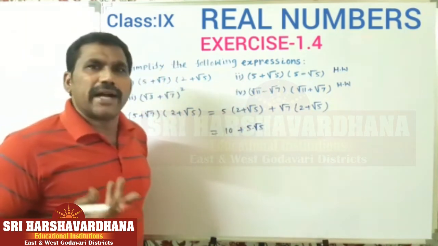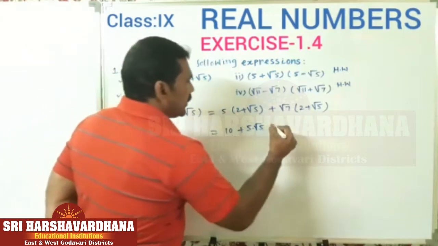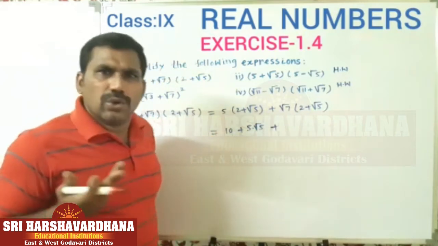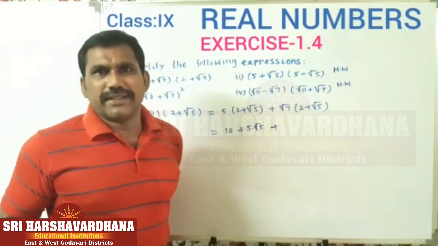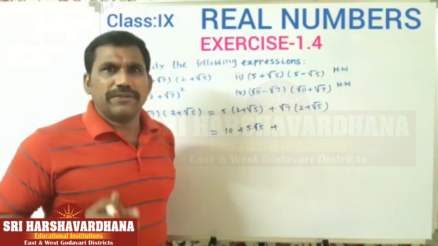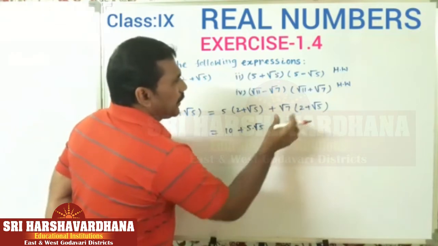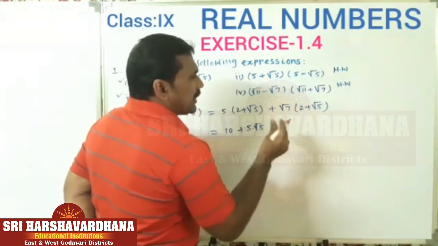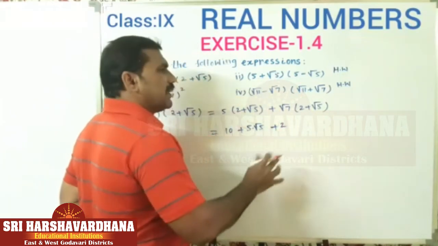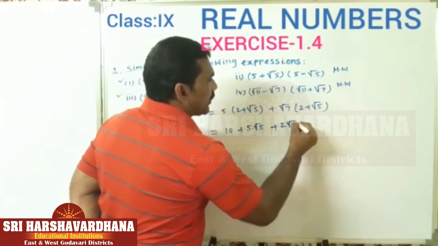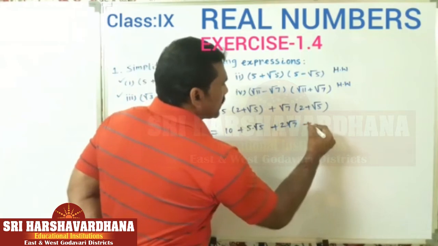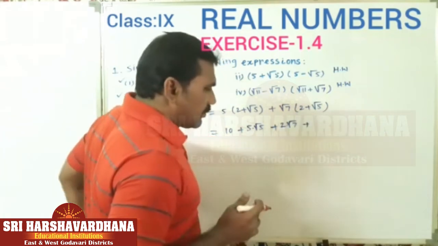That means 5 root 5, right? Plus, see here, root 7 into 2. Root 7 is an irrational number, 2 is a rational number. These two are different. So multiply those two numbers and keep the result as first a rational number, after that an irrational number, 2 root 7. Okay, right. Plus root 7 into root 5.